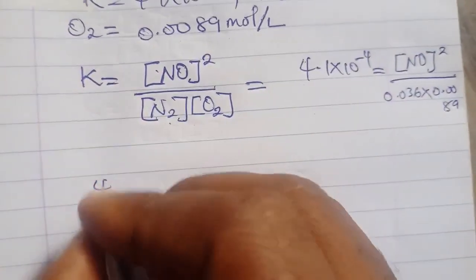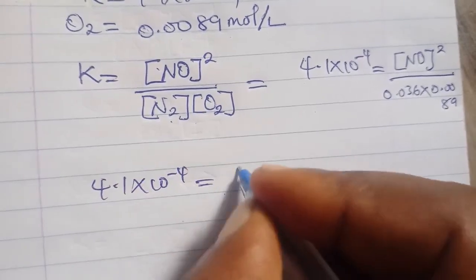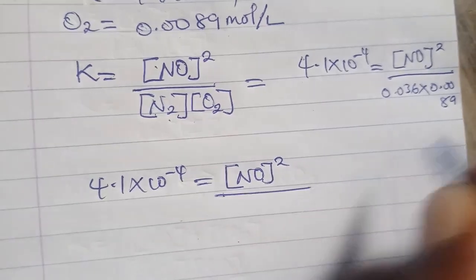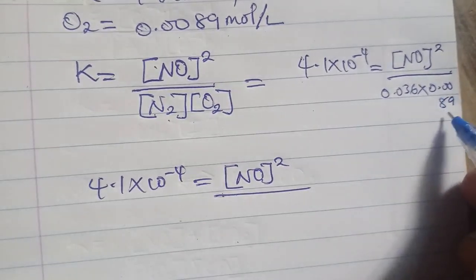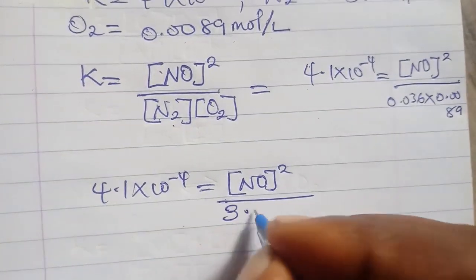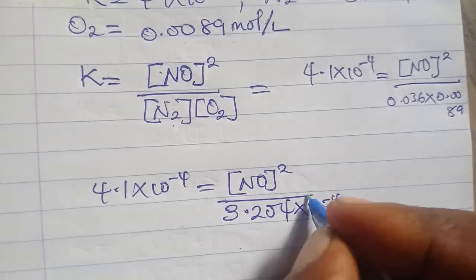So we have 4.1 times 10 raised to the power minus 4 equal to the concentration of NO squared over, when we multiply this and this, we're going to get 3.204 times 10 raised to the power minus 4.